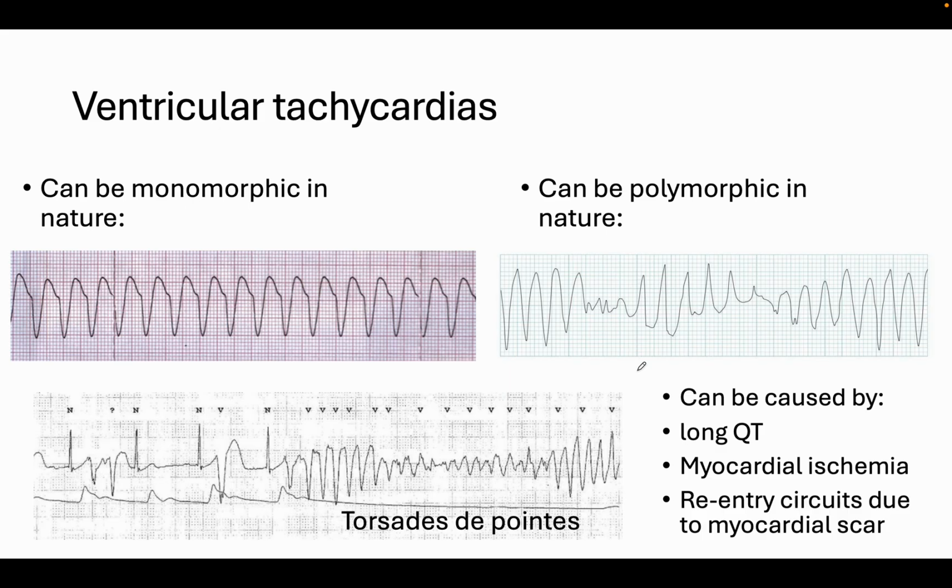So that's just something to be aware of. More advanced ECG interpretation can help you distinguish VT from other more benign rhythms. That specific criteria is called Brugada criteria. However, that's outside of the scope of these videos.